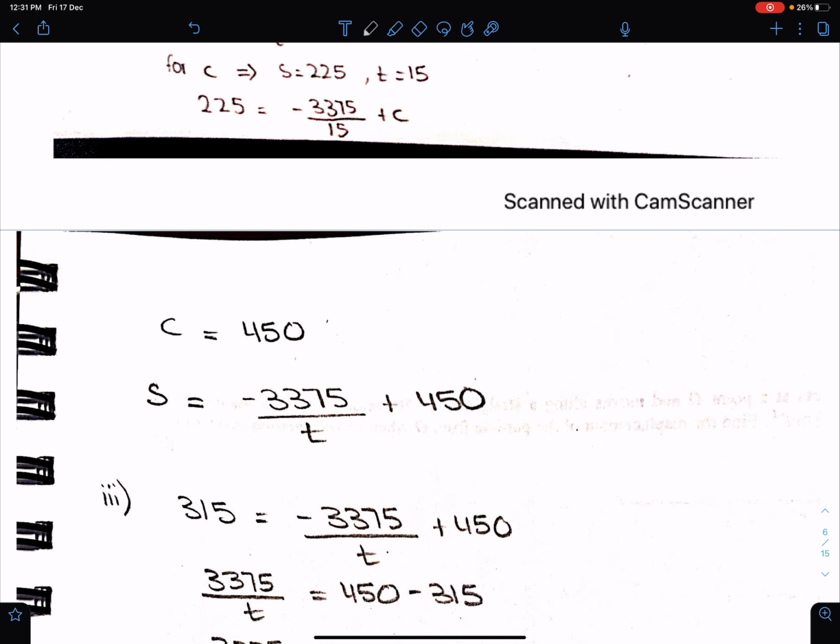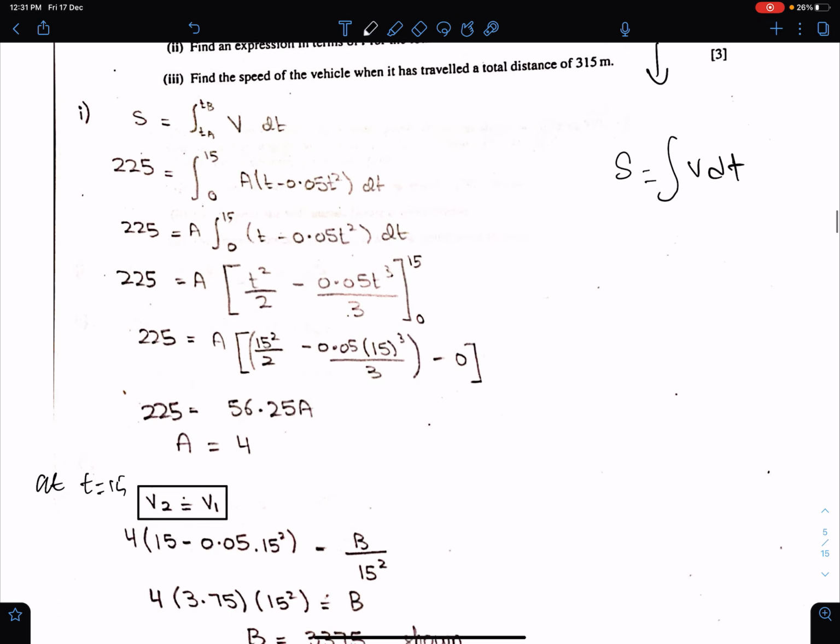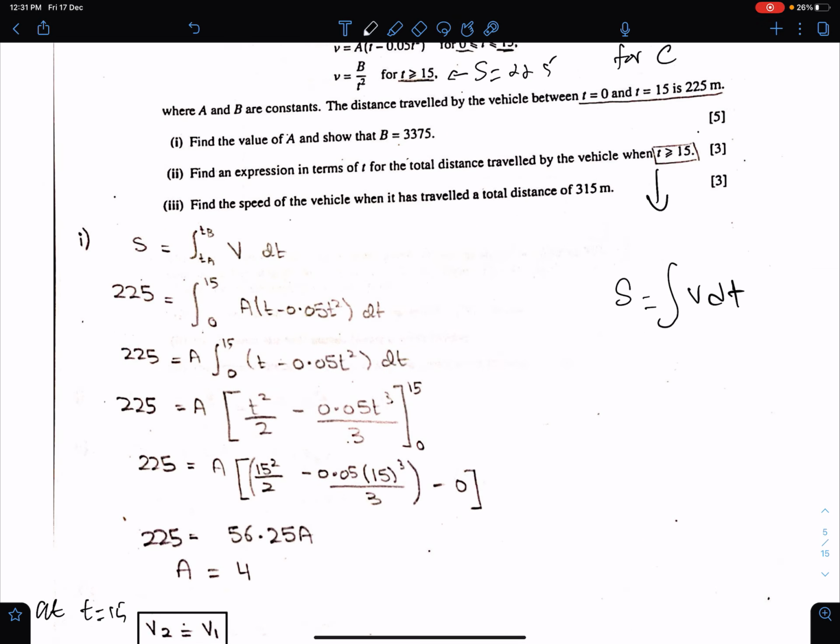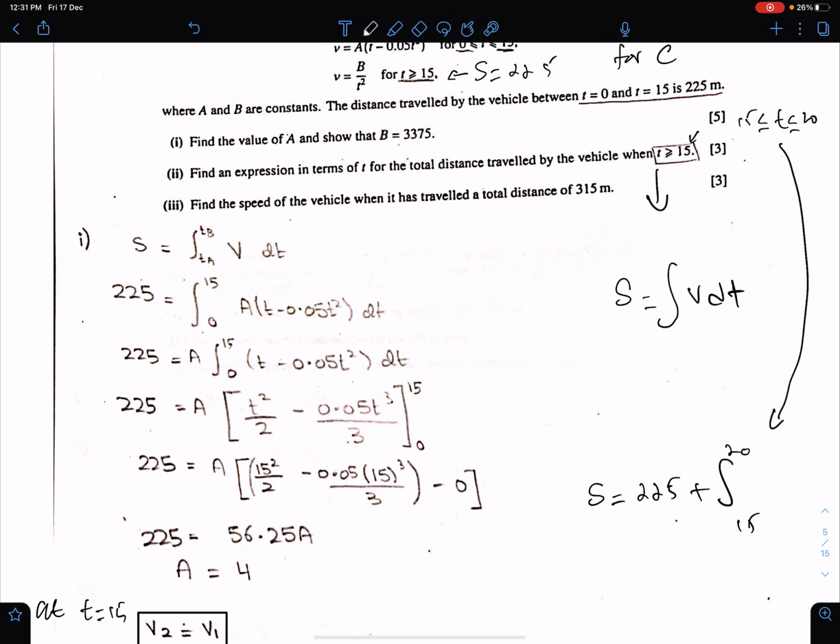We cannot use integration with limits, I told you, because we don't have complete sets of values of t. What if we had this value of t here, 15 till 20, then we could use integration with limits, and for that you would use first displacement, which is 225, and next displacement 15 to 20. In this way you will get the equation directly.